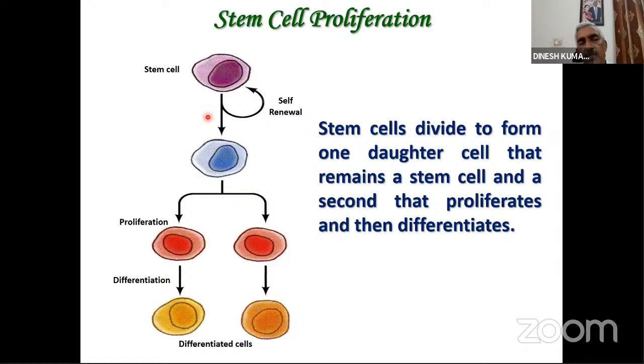So there is a continuous division of stem cells in different parts of the body to take the place of the dead cells which died due to programmed cell death.